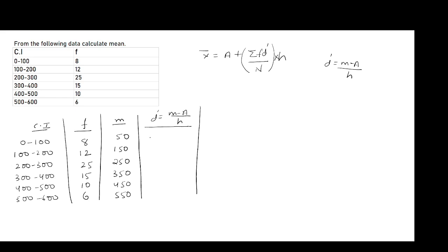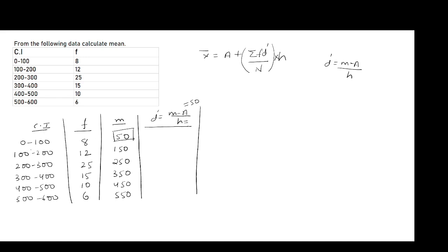Now we have to take the assumed mean from the midpoint values. Now I am taking assumed mean a as 50. For the shortcut method I had taken a equal to 250. Here I am taking a equal to 50. You can even try with 250 also, or any value. So for simplicity, I have taken the assumed mean as 50.